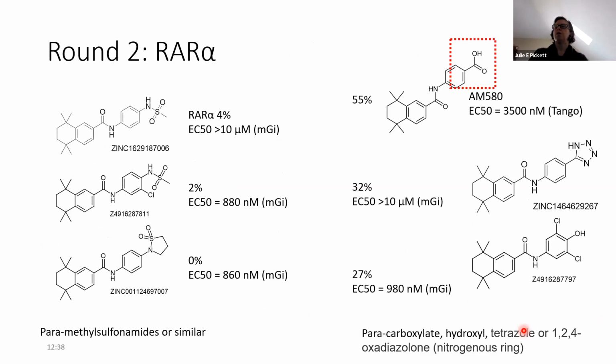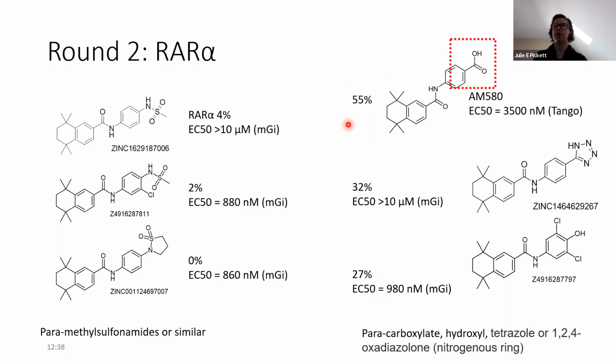So like I said, our starting molecule is a retinoic acid receptor alpha specific agonist. So we want to make sure that we are getting rid of that activity. The percentage values here is the percentage of your maximal activity of this molecule versus the reference agonist at retinoic acid receptor alpha.